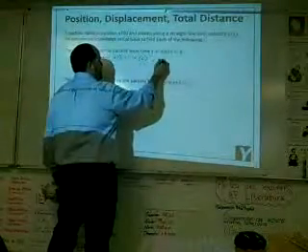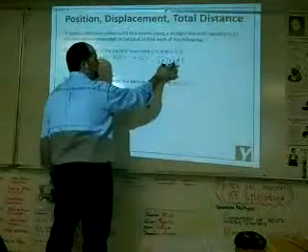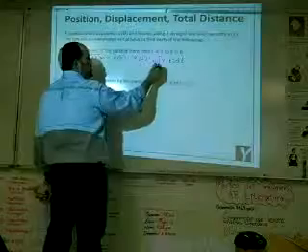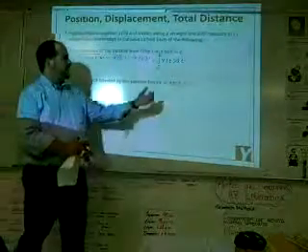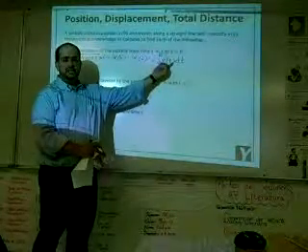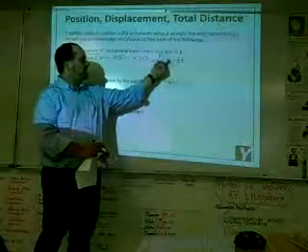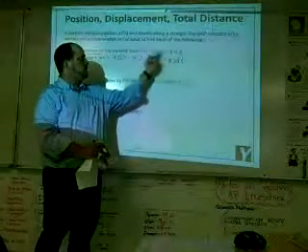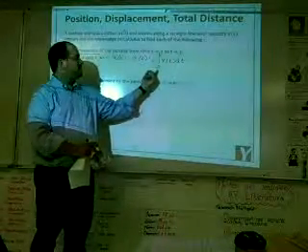Well, what we know is that this is my change in position. And when I integrate my velocity function I get a position. So I'm going to use the fundamental theorem of calculus: the integral of your velocity from time a to time b. The integral of velocity is position. You apply the fundamental theorem of calculus, which says that you evaluate the position function at the upper limit minus the position function evaluated at the bottom limit.